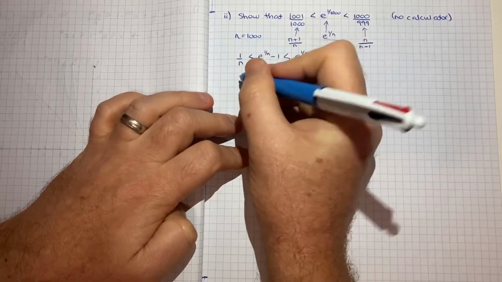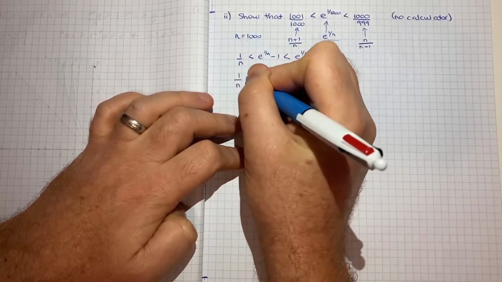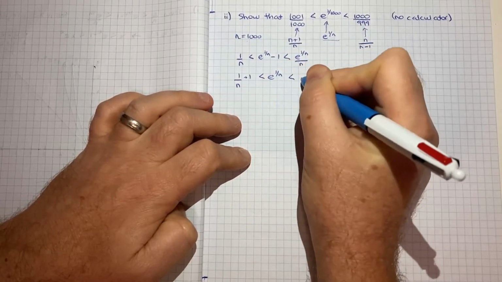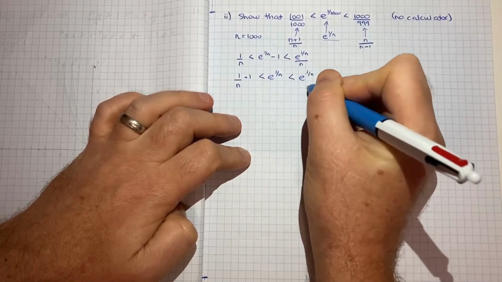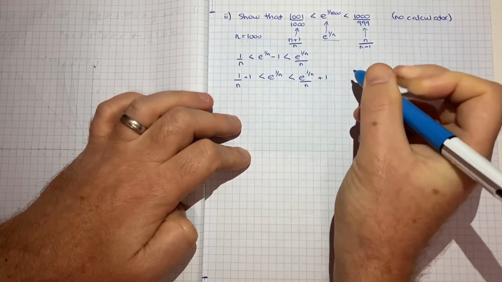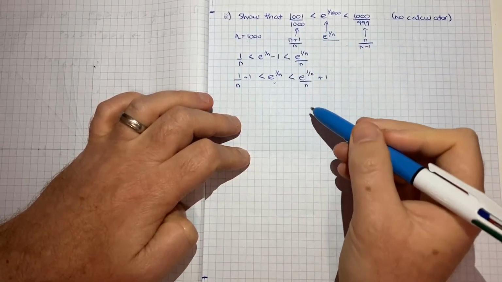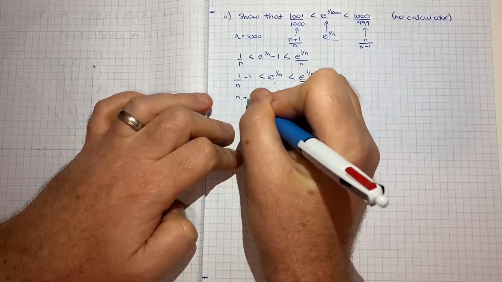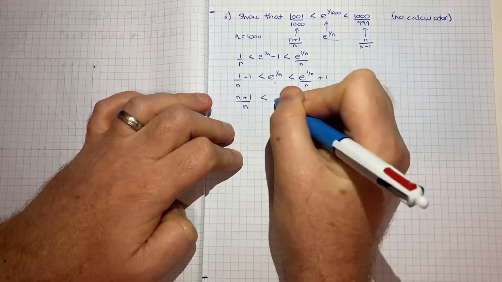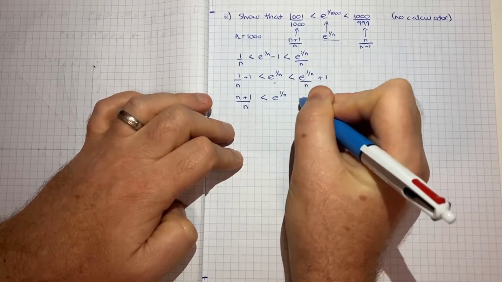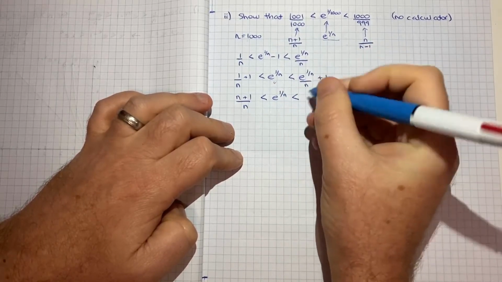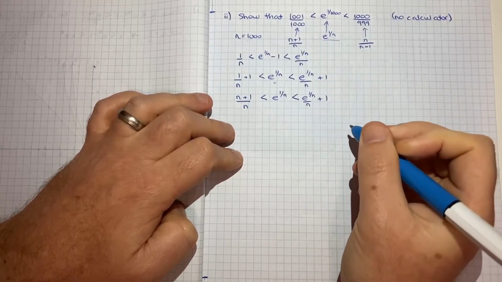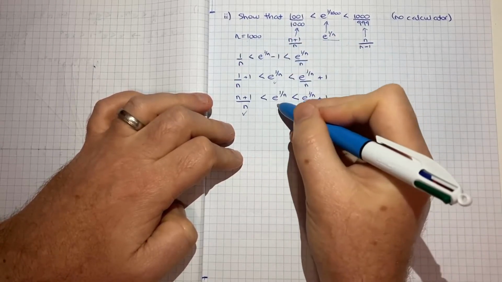So we'll get 1 on n plus 1 is less than e to the 1 on n is less than e to the 1 on n plus 1. So we've got this bit good. And this gets to n plus 1 on n is less than e to the 1 on n, which is less than e to the 1 on n plus 1. So actually we're looking good here and here.